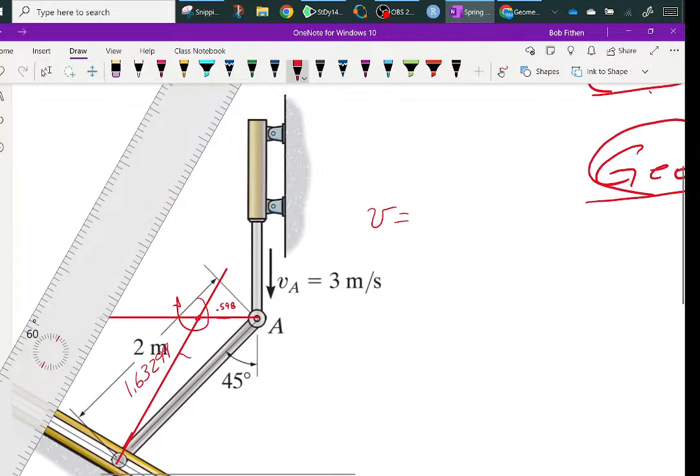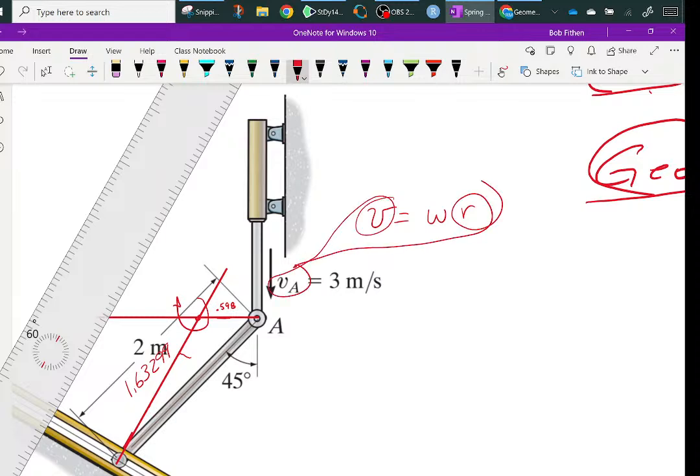here, I'll keep that there. Velocity is equal to omega r. Well, velocity is 3. The R is this distance because that's a distance from the instant center to A. And so I get 3 is equal to omega times 0.598.